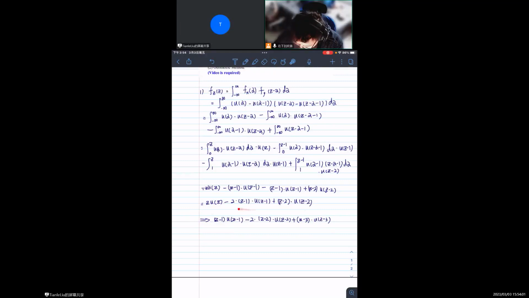Here's the outcome if we do it with the convolution method.